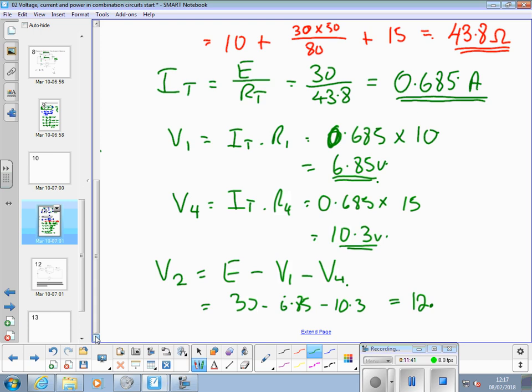So 12.9, correct, Peter. Last three, so that's volts.